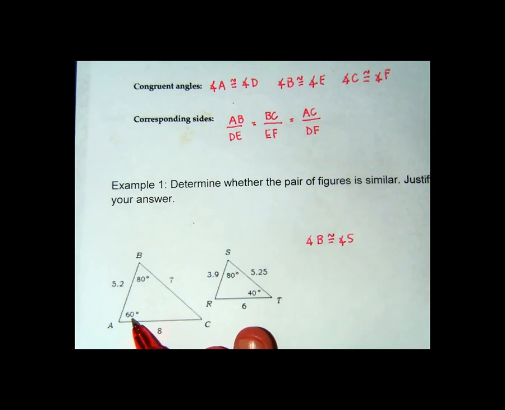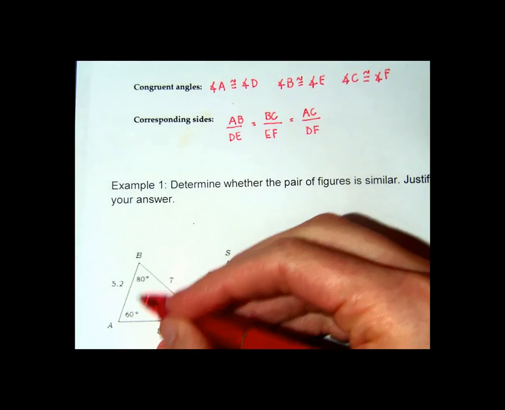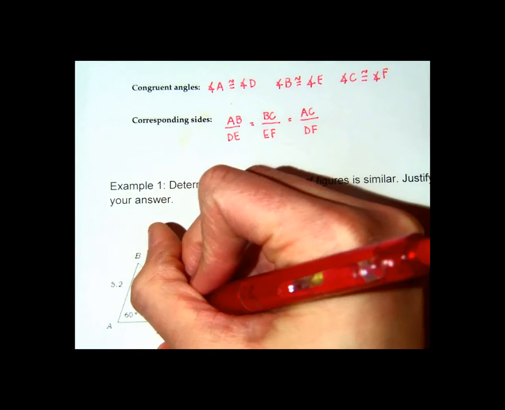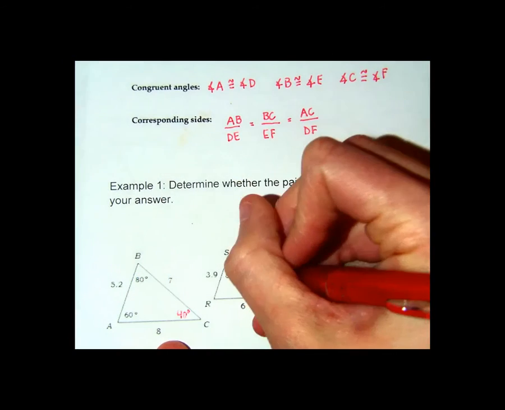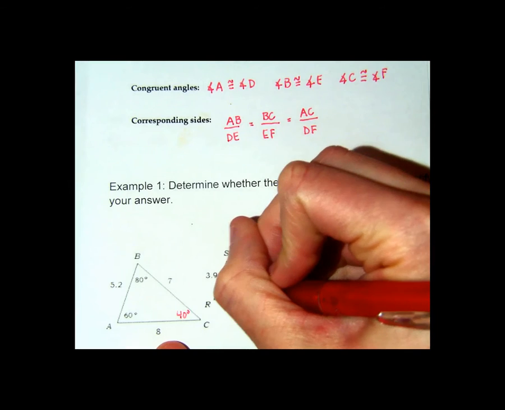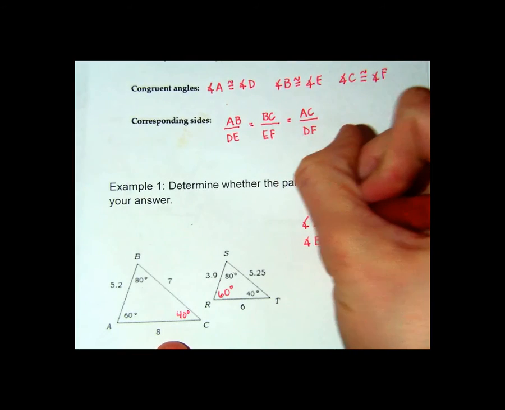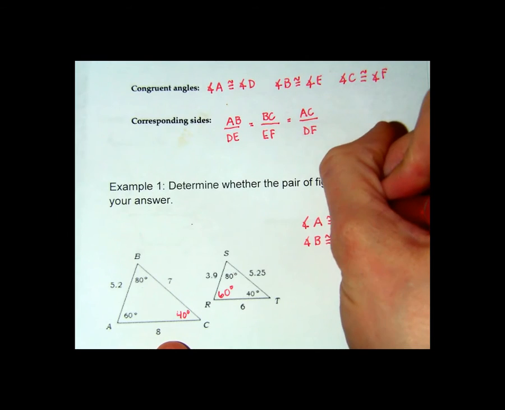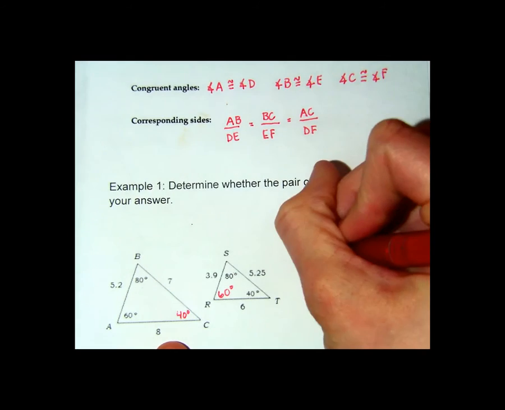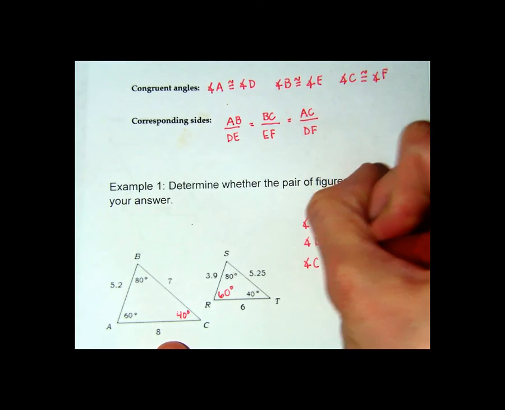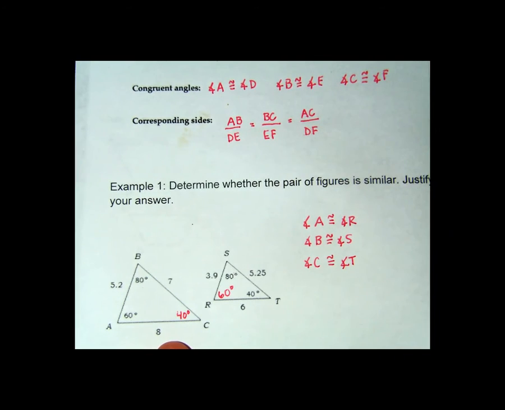So, let's see. We have 80 and we have 60, so we have 40 degrees left. 80, 40, there's 60 degrees left. These do come out congruent, so angle A is in fact congruent to angle R, and angle C is congruent to angle T.